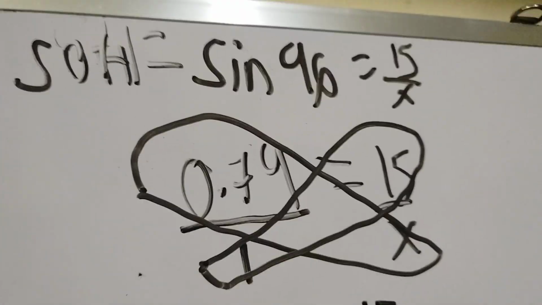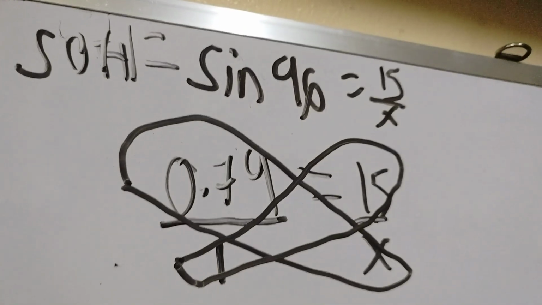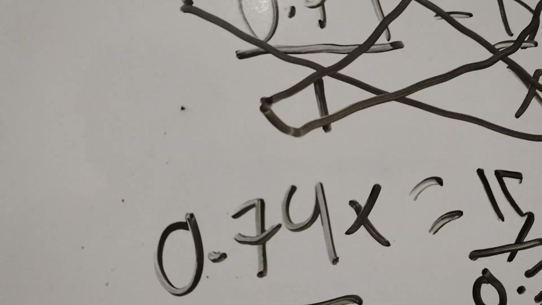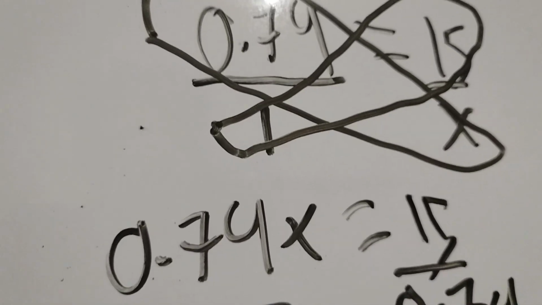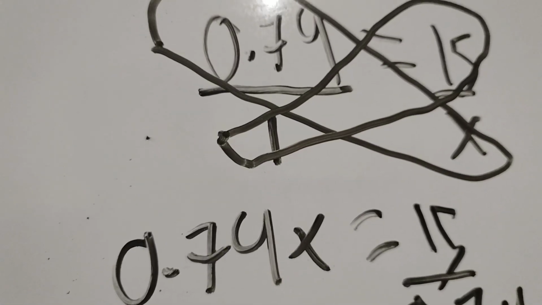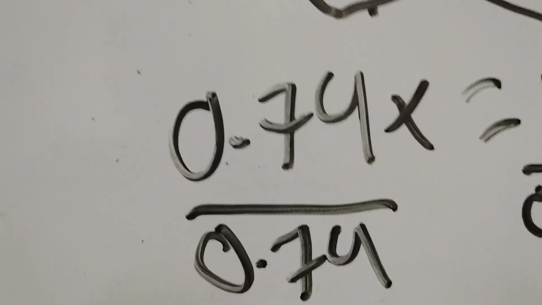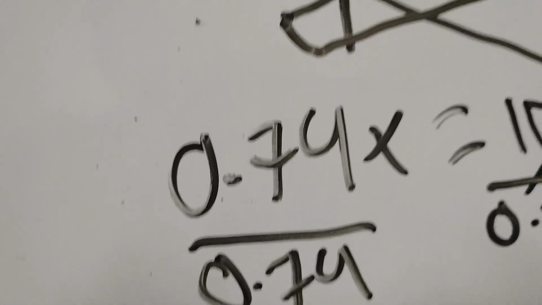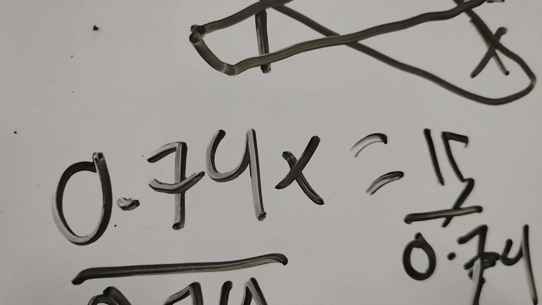And how did we get the 1? We put the 1 there so we could cross multiply. And then boom, chakalaka, cross multiplied all of that already. It would be 0.74x equals 15. To proceed to the next step, we will have to divide by the value with the X symbol on it, so we could remove it and only have the X symbol.